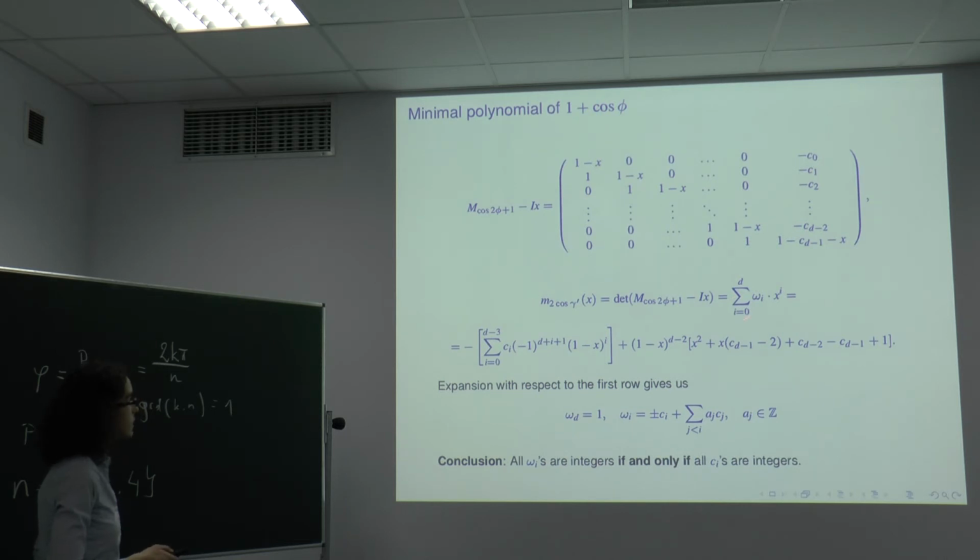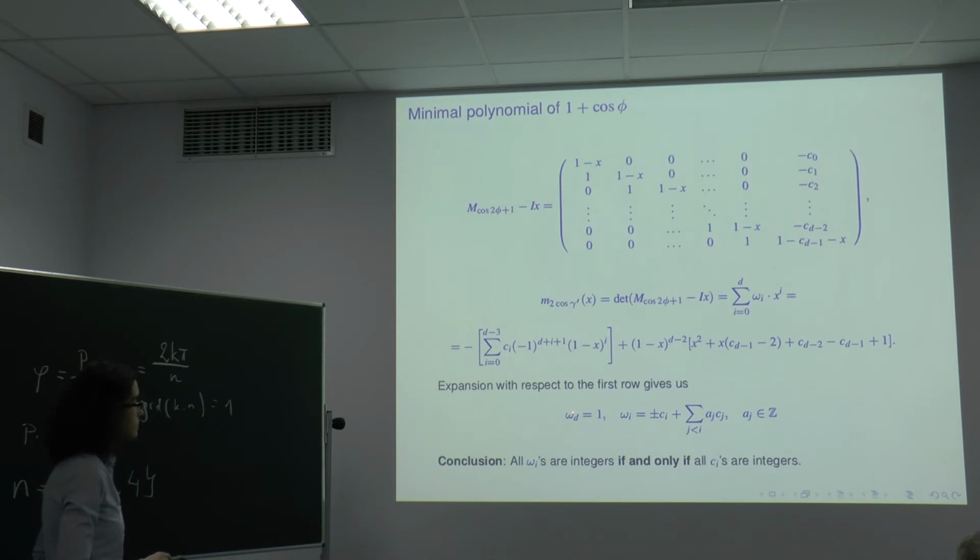And let us denote the coefficients of this determinant by omega i. If I use Laplace expansion along the first row of this matrix, I obtain this formula, and after some transformations, I finish with the following result.